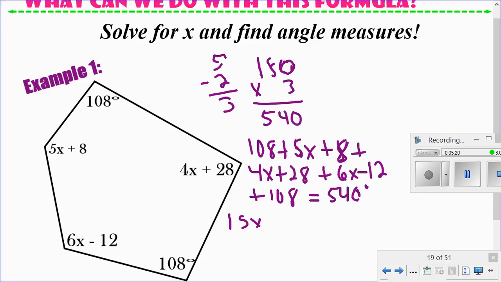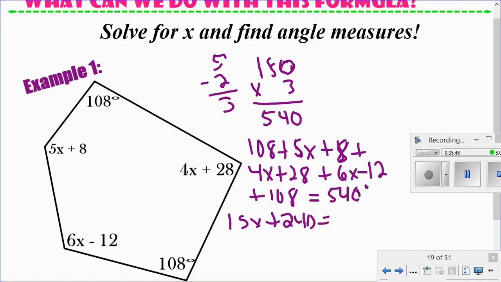And now I'm going to add the others here in my calculator. So I'm going to add 108 plus another 108 plus 8 plus 28 minus 12, and that's going to give us 240.